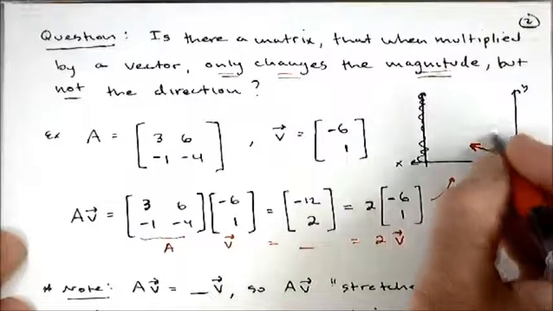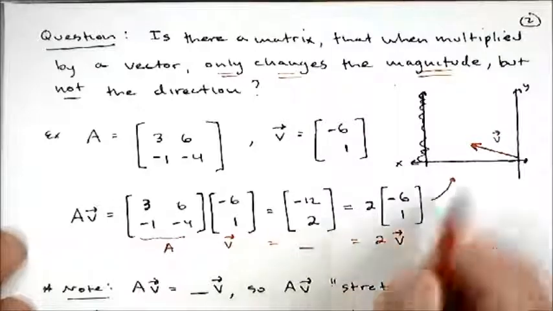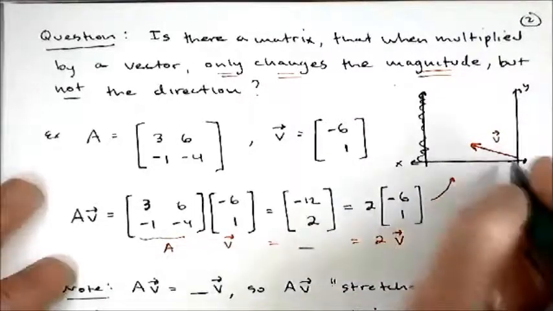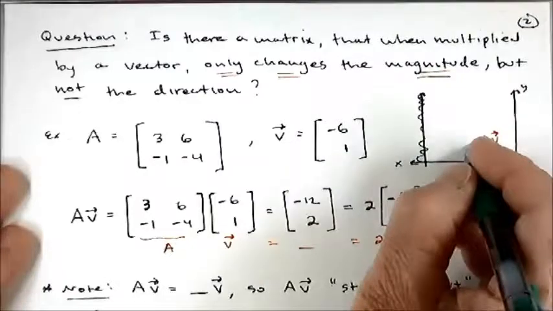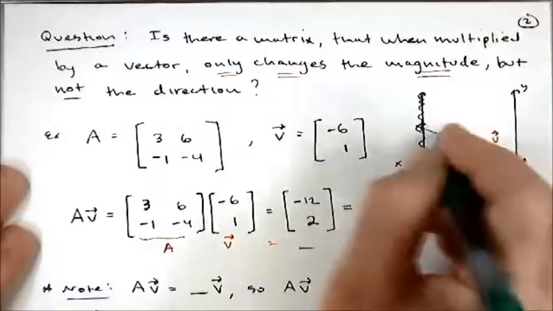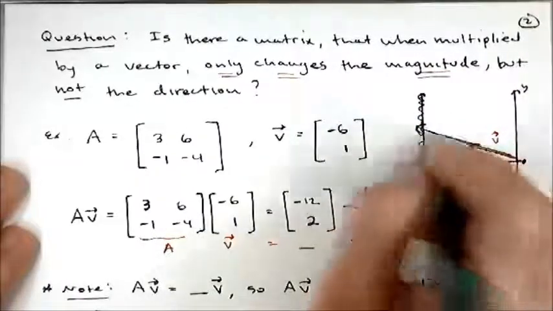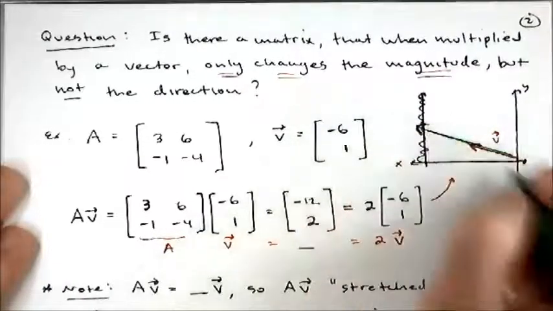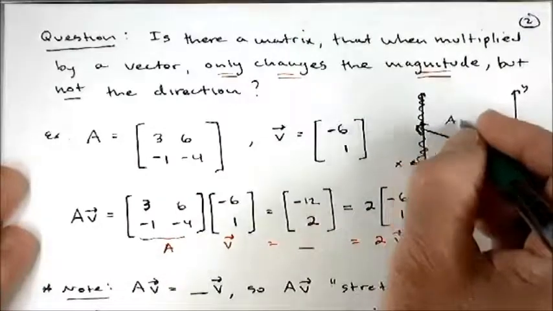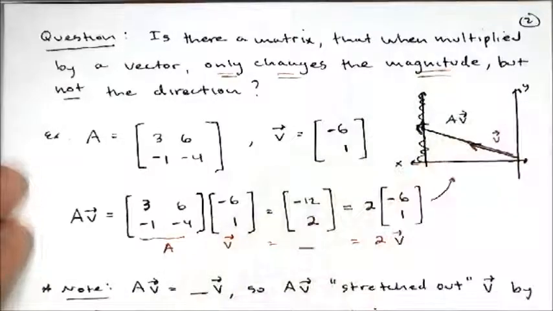Here's vector V. And when I multiplied it by matrix A, what I got was 2V, which is basically doubling the length of this vector, right? It's like tagging on another V on top of that. So the green here is A times V, and I can see that that's just double my vector.